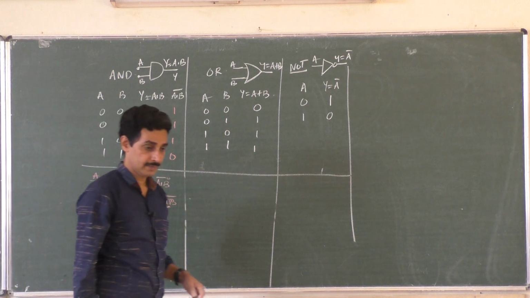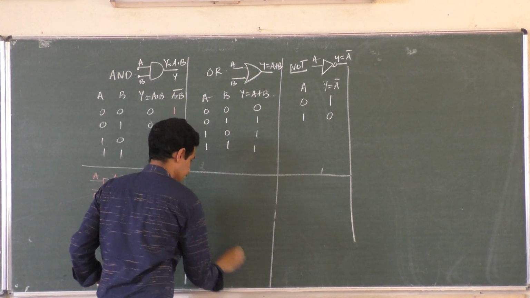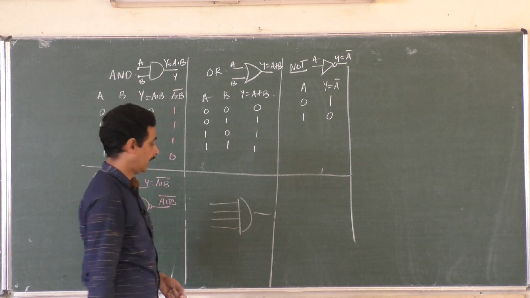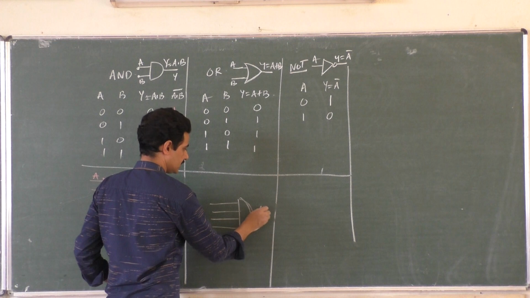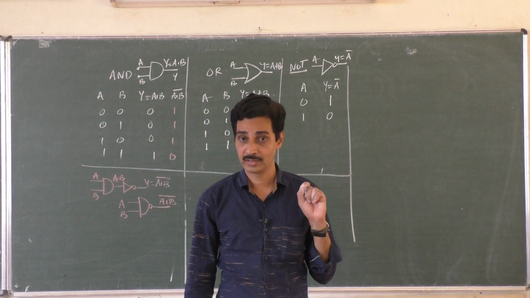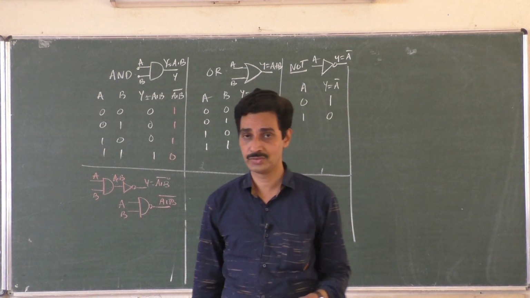See, that means if I have an AND gate like this with many inputs, I can surely say that the output is 0 if any one input is 0. AND gate I am talking about, because I want to give an example where it is used.